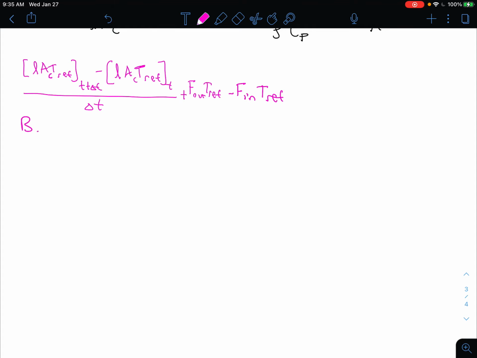So now this is from the balance on fluid. Earlier we showed that ACL at T plus delta T minus ACL at T. This is a balance on the fluid volume. We got this after dividing through by density.